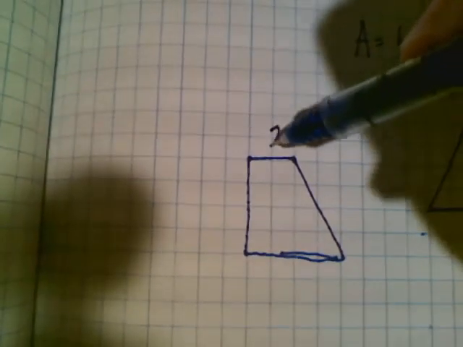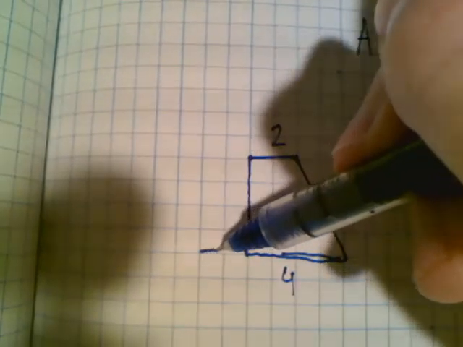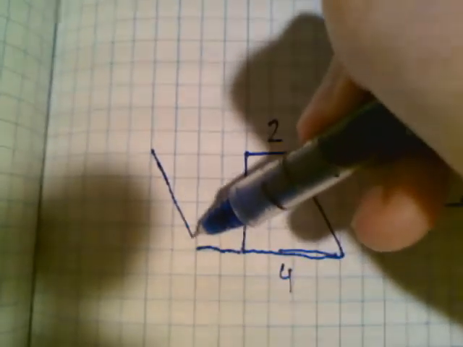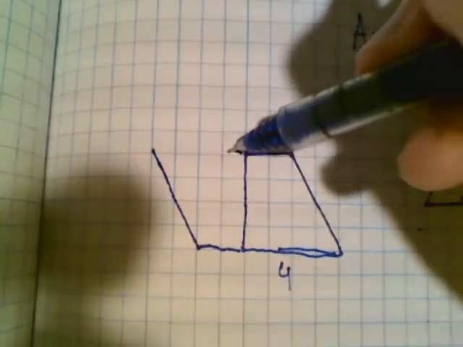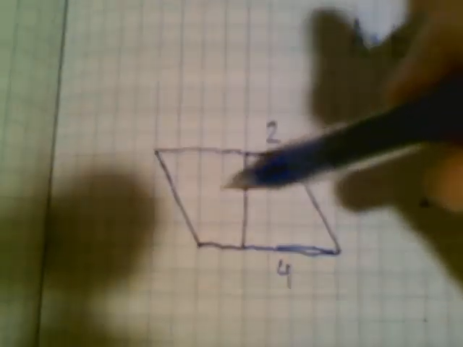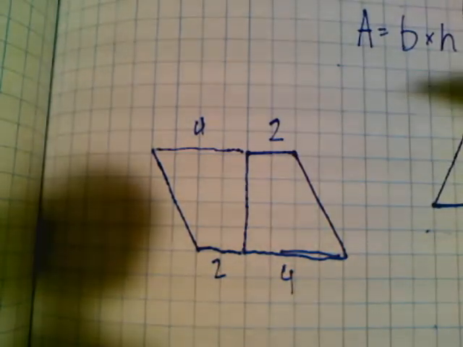So here, let's say if that's 2, that's 4, we have a height of 4. I'm going to flip it that way. You'll notice this is the same trapezoid as that one, just flipped around and attached. 4 and 2 with the same height.